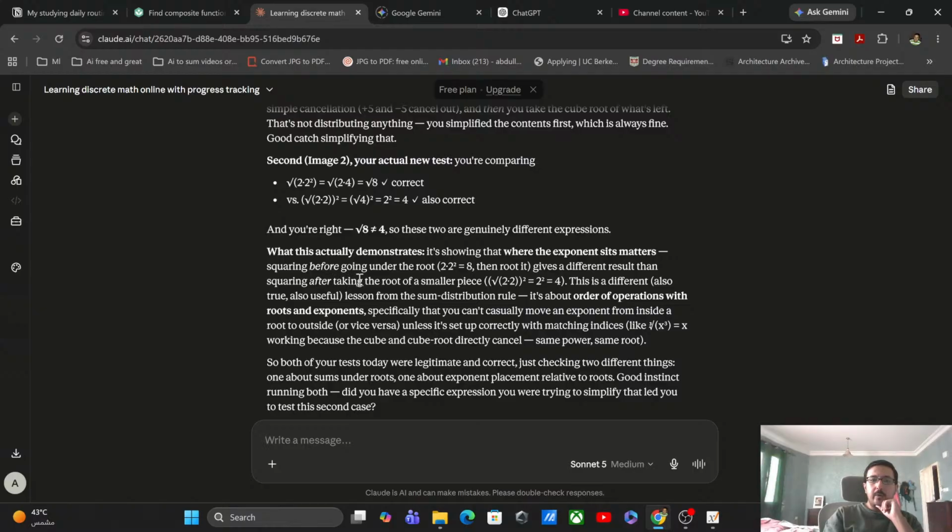Squaring before going under the root, then rooting, gives a different result than squaring after, in the root of a smaller piece.